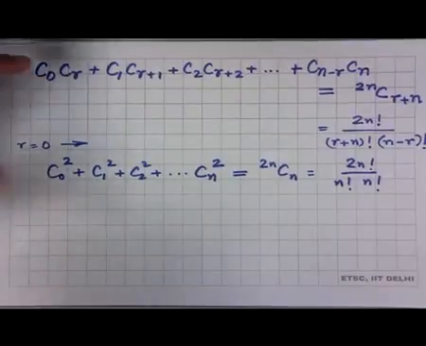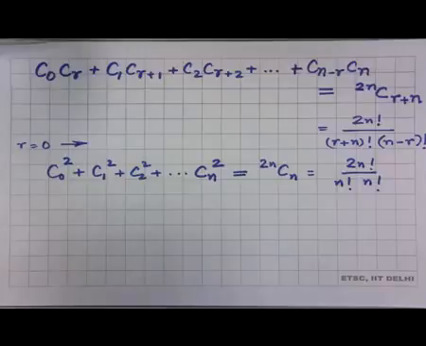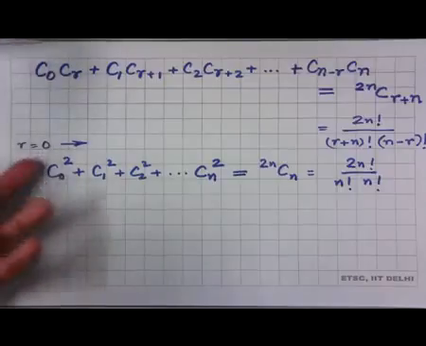So, this new identity is just a generalization of the older one. A special case: plug in r equal to 0, you get back the original.